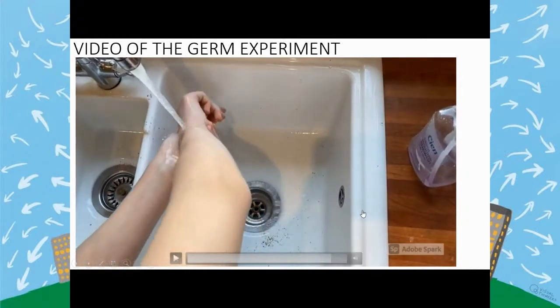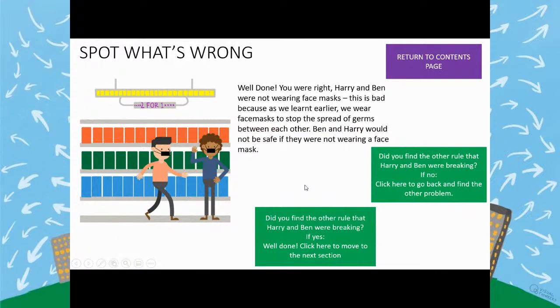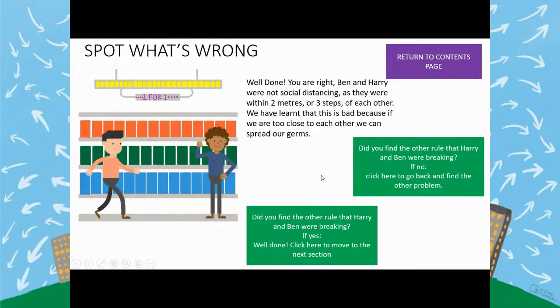So that's quite a nice activity. And she's also got lots of picture quizzes like this. So what are Harry and Ben doing wrong in the supermarket? This is obviously pre-changes to the rules. They should be wearing face masks. They should be a bit further apart. So lots of nice things like that in that resource.